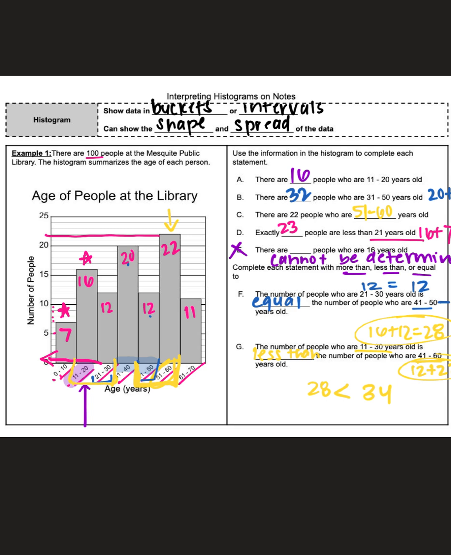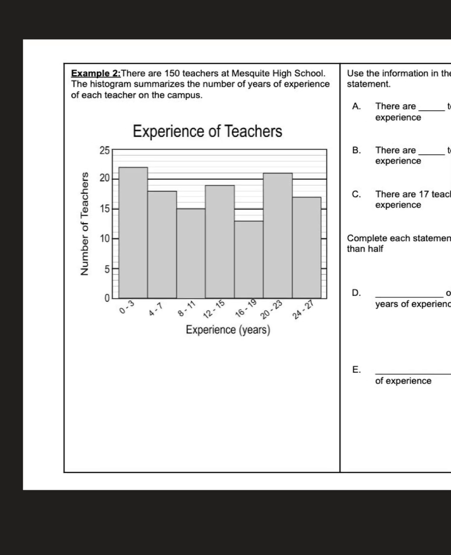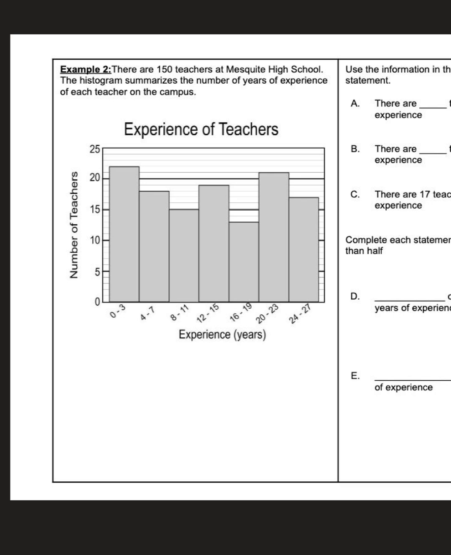If you have any questions at this point, raise your hand for any confusion, but let's move forward. Let's go ahead and move a little bit more quickly for this example. This one says that there are 150 teachers at Mesquite High School. The histogram summarizes the number of years of experience each teacher has on the campus.